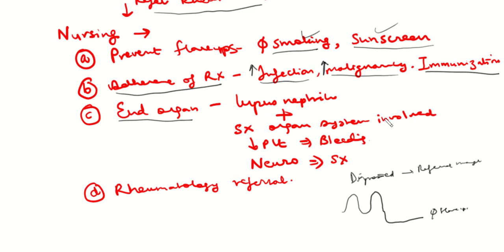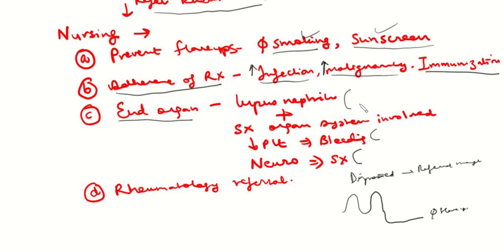And we screen them for symptoms. So if there's low platelets, we're really concerned about bleeding. If there's neural symptoms that are coming, we're worried about neurological effects of lupus. And when that be the case, we make sure we inform the provider about what's going on.